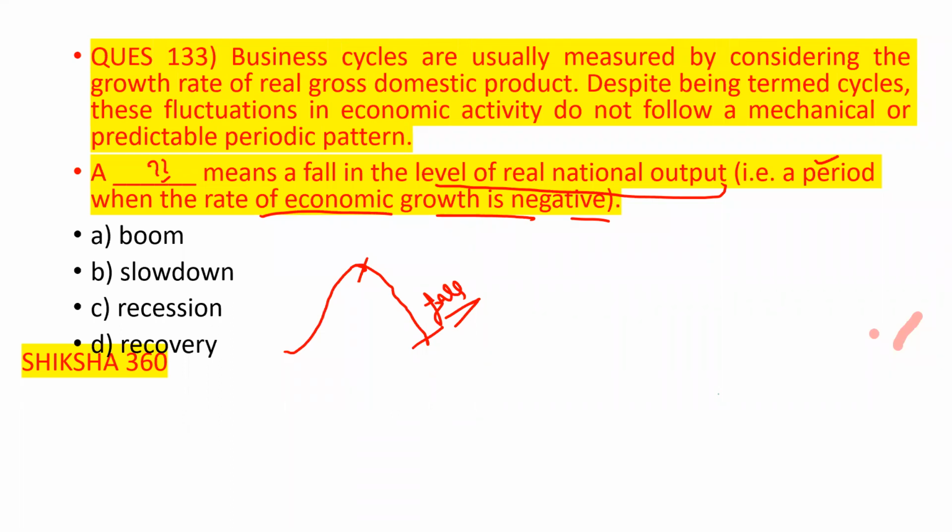That is a period when the rate of economic growth is negative. So when the rate of growth is negative, it is going to continuously fall. This is not a boom, not a slowdown. It is the case of a recession.